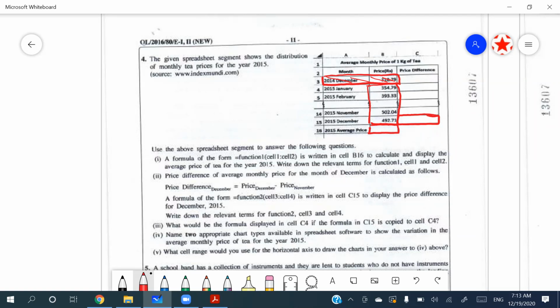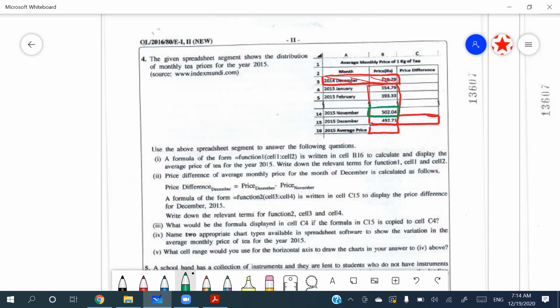So it's a subtraction. When you are writing a subtraction, some of the cell references should have the minus mark. In this case, they are going to subtract the price November from the price December. Now what is price November? This is price November, and right below is the price December.